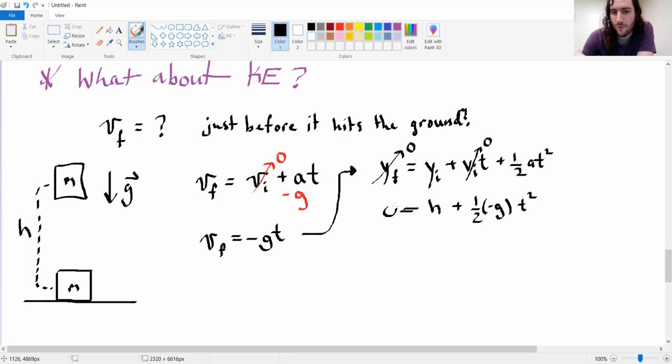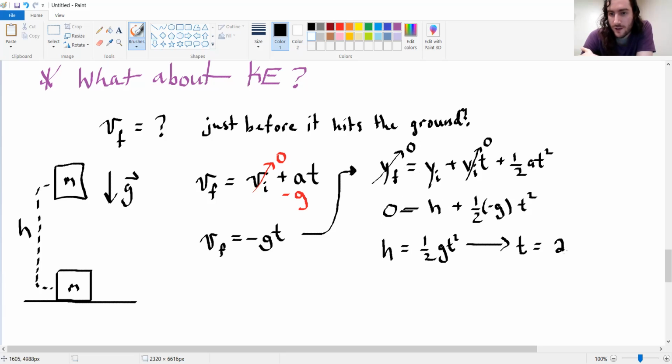Those of you who remember the formula for how long it takes an object to fall could have skipped some of these steps, but we're just going through it here. So if I move the h to the other side, I have minus h, but I have a minus sign on the other term as well, right? So we have h equals 1/2 g t squared, and we can solve for t from this.